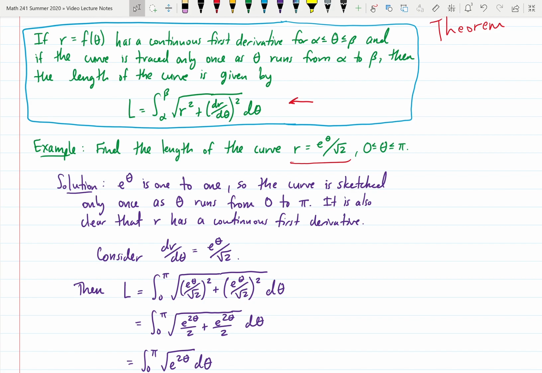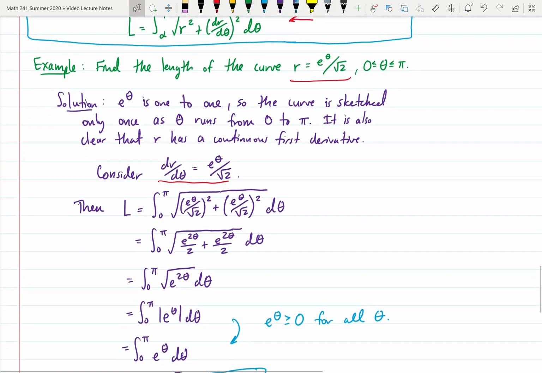And it's pretty clear that r has a continuous first derivative because the derivative of r is just e to the theta divided by the square root of 2, and r is continuous. So the first derivative is also continuous. So as I just said, dr d theta is equal to e to the theta divided by the square root of 2.